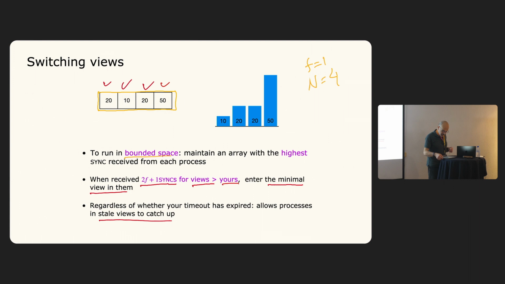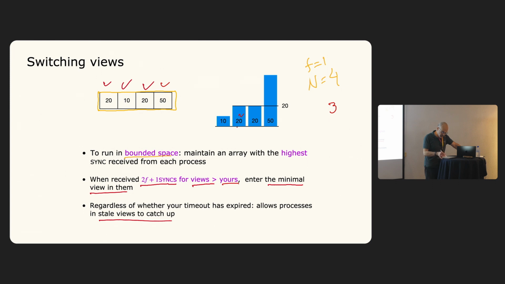So here's the example. If this is the situation we have, then we take the view such that we have 2f plus 1, which here is 3. So at least 3 processes entered a view higher than my current view. Let's say my current view is 15. Now I see that at least 3 processes entered view 20.